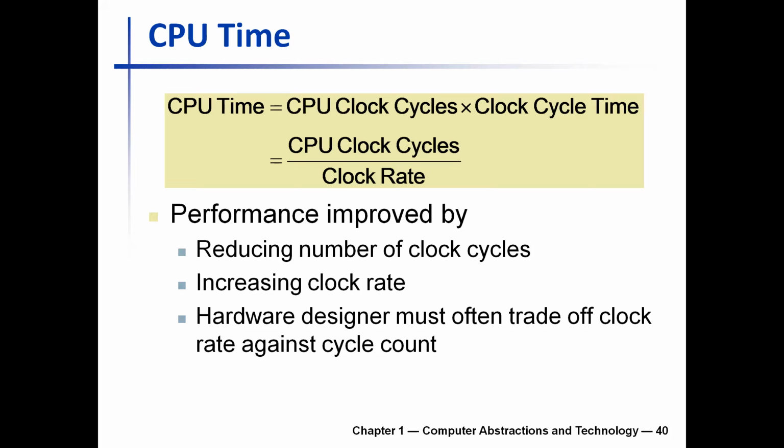You need to add more hardware, make a complicated circuit. That is going to affect the cycle time. The more complicated the hardware is, the bigger the cycle time is going to be. Why? Because the time for the outputs to stabilize and settle at the end of this complicated circuit is going to be longer, right? So your clock cycle also has to get longer.